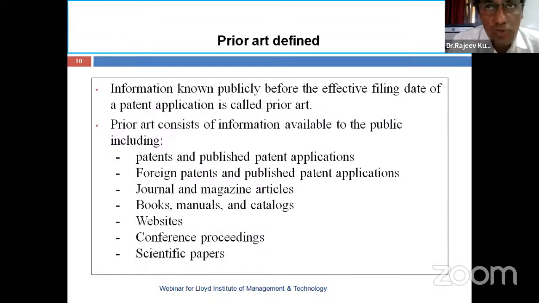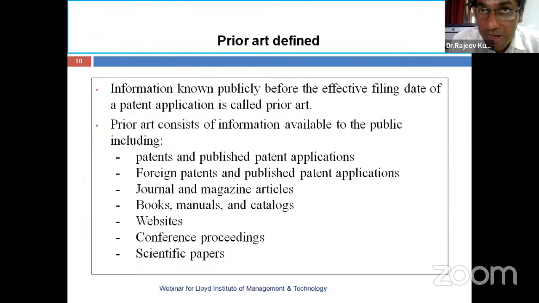So your invention should be absolutely novel, not practiced in any part of the world. There's a sharp difference between the enforcement of a patent and this.